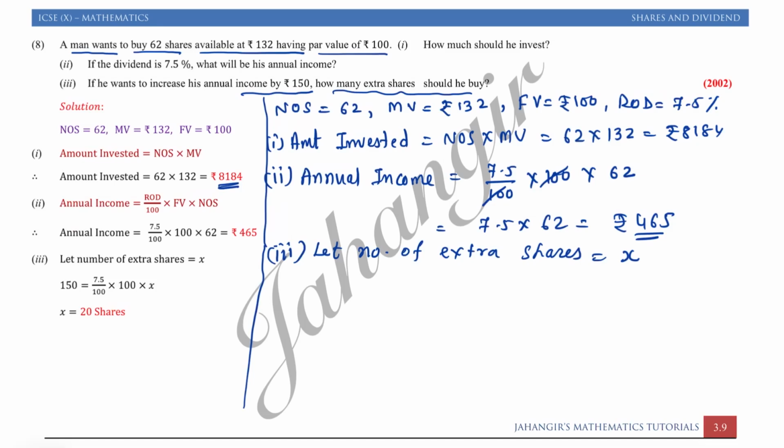So we will take annual income as 150, which is the extra income. That is obviously on 7.5% of face value. So 7.5 upon 100 into 100 into number of shares X. Cancelling this, X is equal to 150 upon 7.5. So that is 20. Therefore number of extra shares is equal to 20.